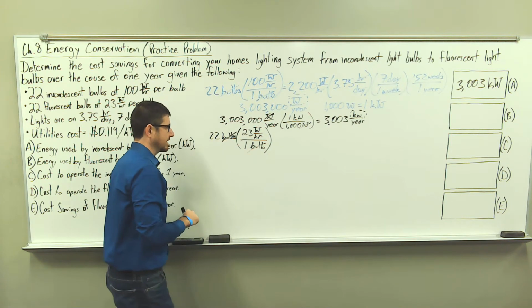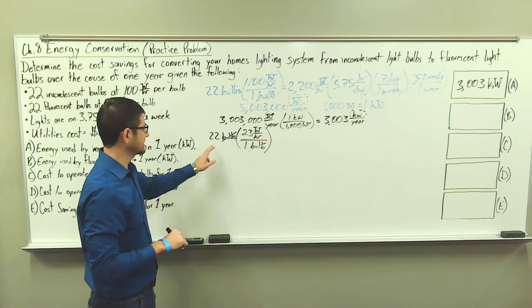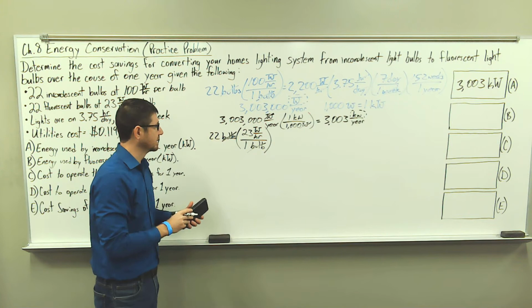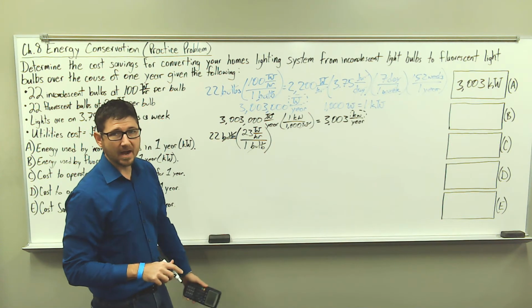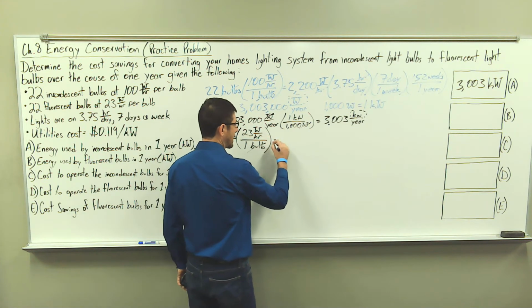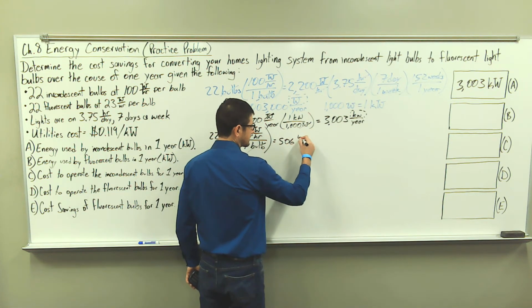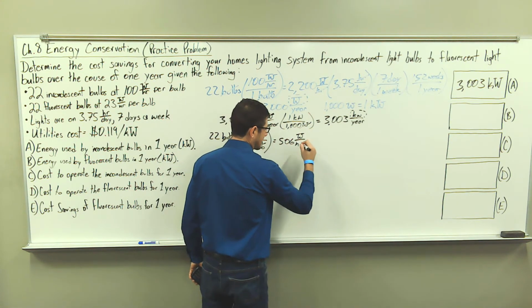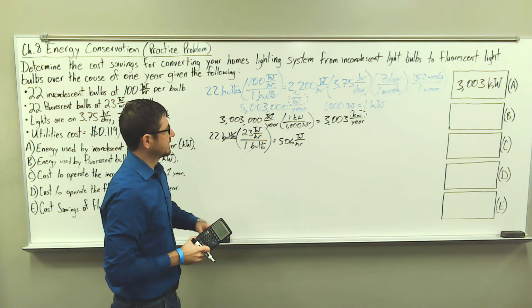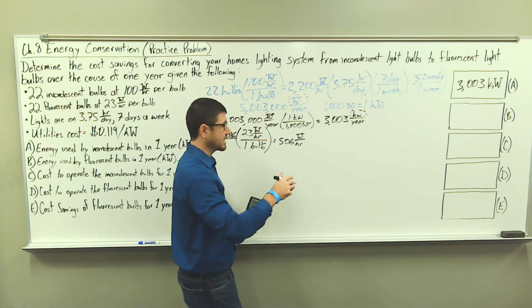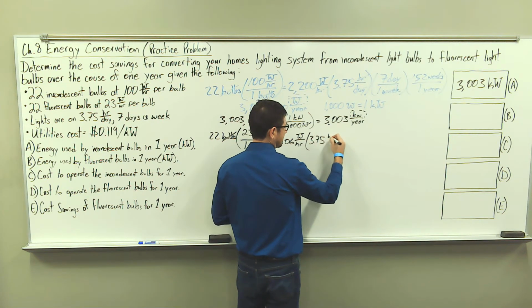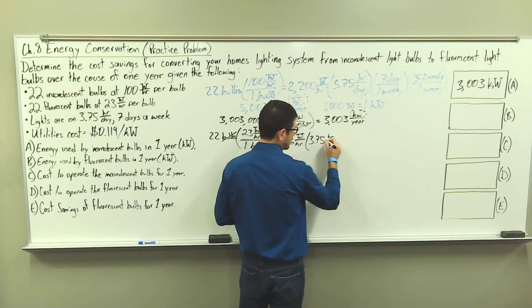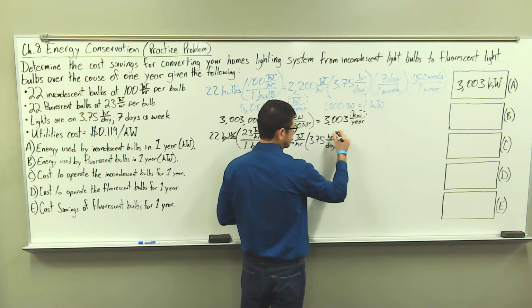Okay, so we know that the units of bulbs will cancel. Let's go ahead and multiply 22 and 23. That's going to be 506 watts per hour. Okay, and we're going to multiply by 3.75 hours per day.